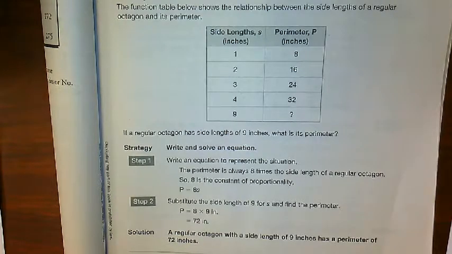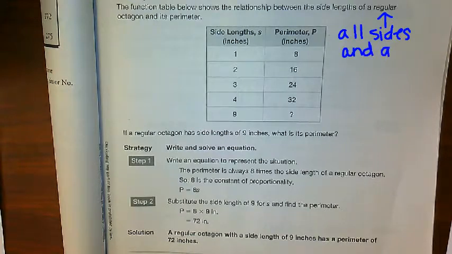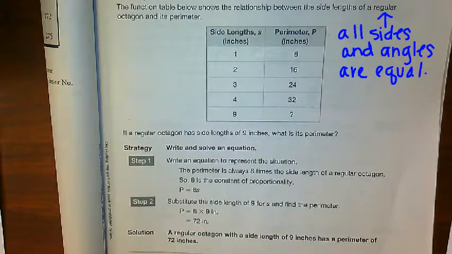The first thing I want to point out is when it says regular, that means that all the sides and all the angles are equal. When we do our section on geometry, we will revisit that again. So regular octagon just means that all the sides are the same.